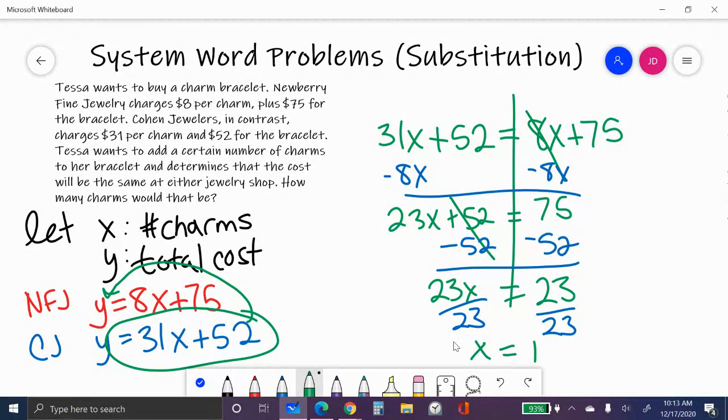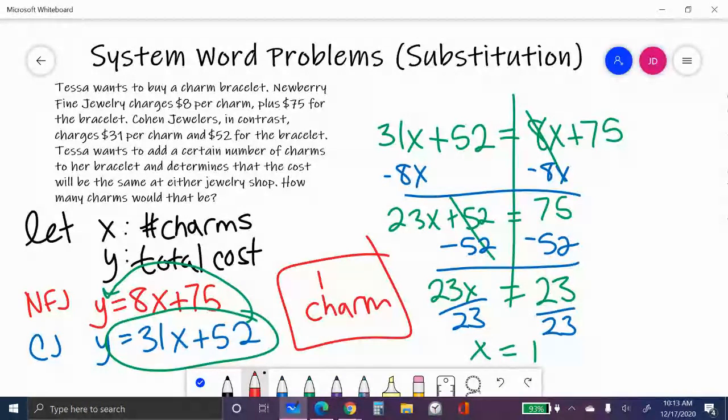But the number of charms is what I'm looking for. So in this case, my answer would be 1 charm. And the cost would be 8 times 1 plus 75, which would be 83.